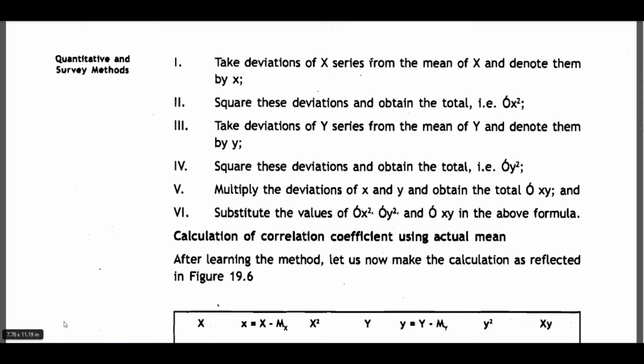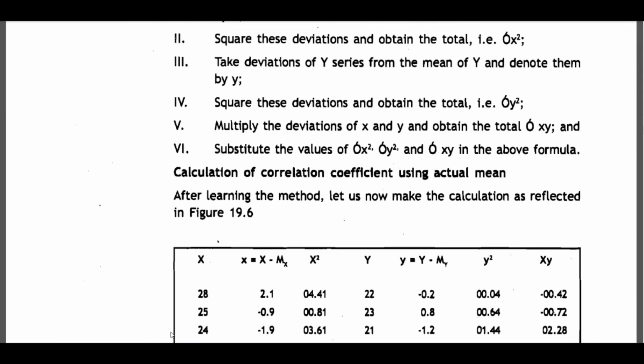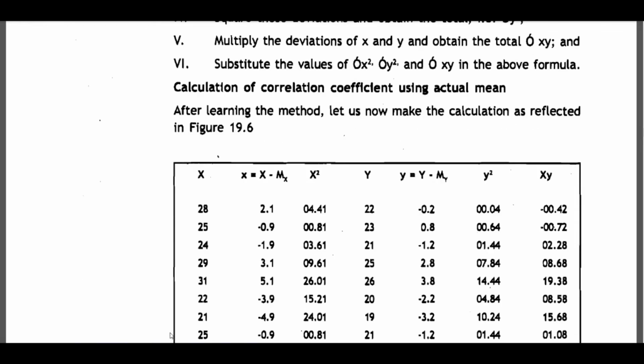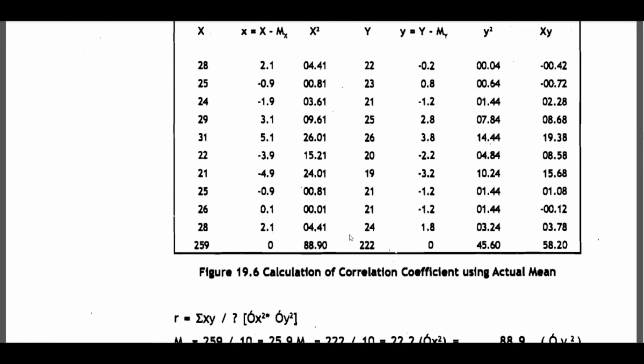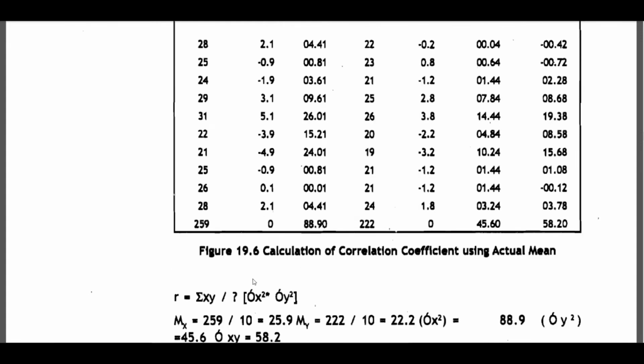Calculation of correlation coefficient using actual mean. After learning the method, let us now make the calculation and reflect it in figure 19.6. So this is the table of calculation, and from here we can calculate the correlation coefficient using actual means. Now we have to calculate the value of r.